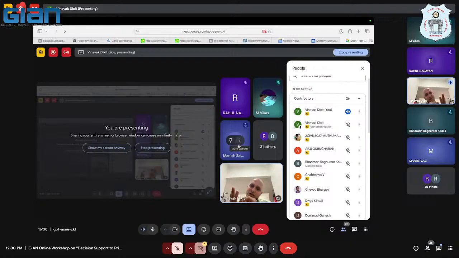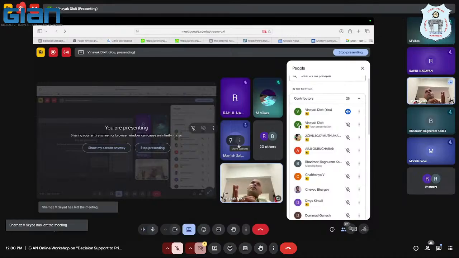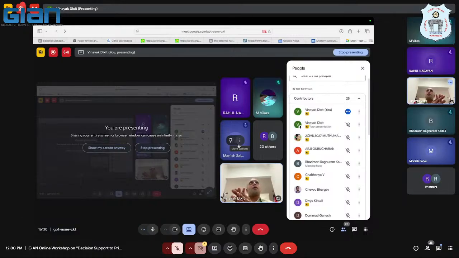Now, where are these demand models actually used? These demand models are used when we are trying to understand mode choice, vehicle choice. All of these are where we are using these logit based models. For example, one place where it is really useful is around high speed rail.